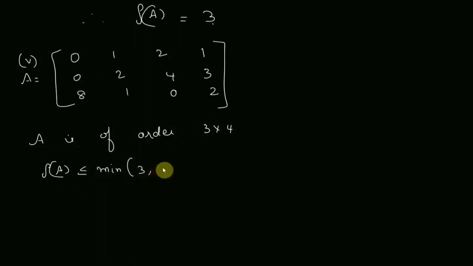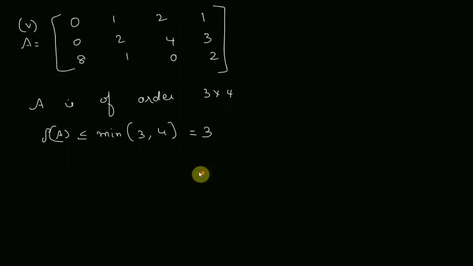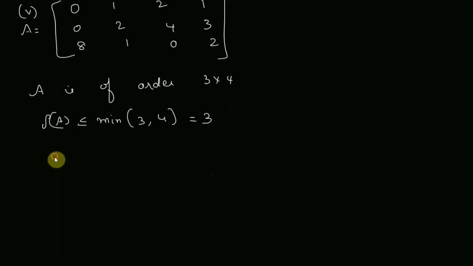So that means the rank is either 0 or 1 or 2 or 3. It is not 0, isn't it? Rank is not 0 because this matrix A is not a 0 matrix. So 0 is cancelled. So you have either 1, 2 or 3.